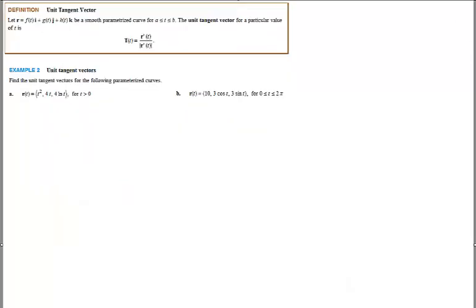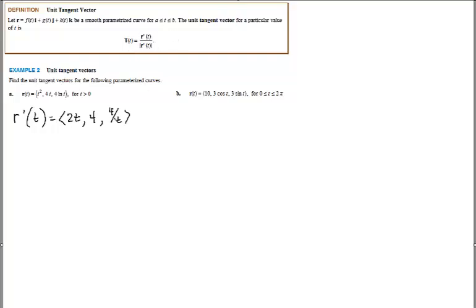Alright, next we're going to need to find the unit tangent vectors. So first up, you'll first need r prime, so 2t, that would be a 4, and then this one would just be a 4 over t. Now I need the magnitude by my definition here, just like unit vectors from before.